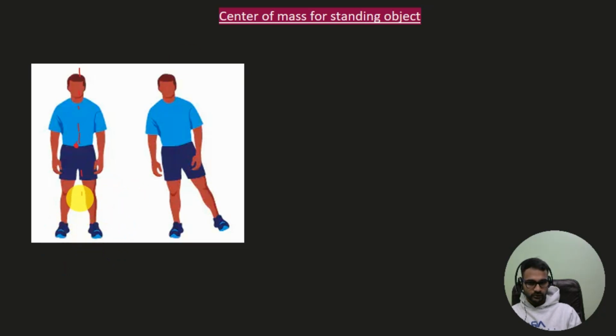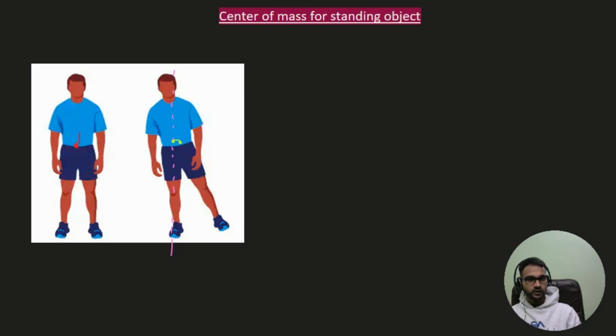Now suppose he lifts one leg, this left leg. Now the center of mass has to be above this foot, otherwise he will not be able to stand, he will fall. To adjust his center of mass, because earlier the center of mass was here and now he's standing on one leg, the center of mass should be shifted to this side.